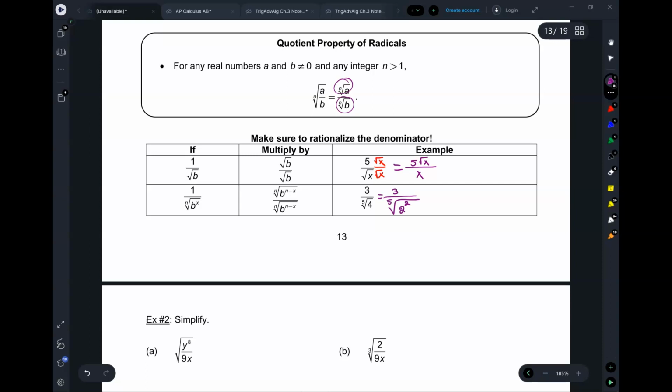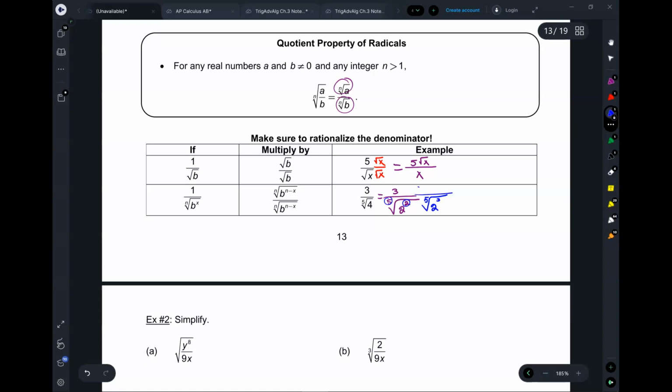How many 2's do I have in here now? 2. How many should there be total for them to be able to come out? I need a total of 5. So how many more do I need to put in there? 3. Another way you can get that is 5 minus 2 is 3.